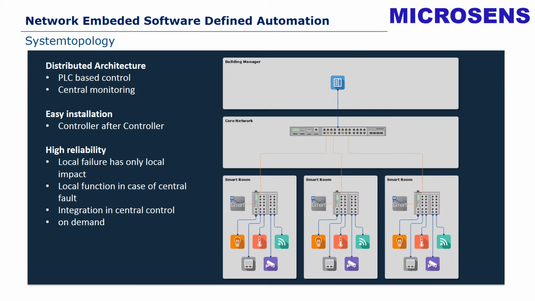We have here a small, simplified example of a network. The picture in the middle, the core network, represents the complete core network in the building. Connected on the top is the building management layer, and on the bottom we have connected switches which represent distributed automation devices, running the automation functionality directly out of the network.